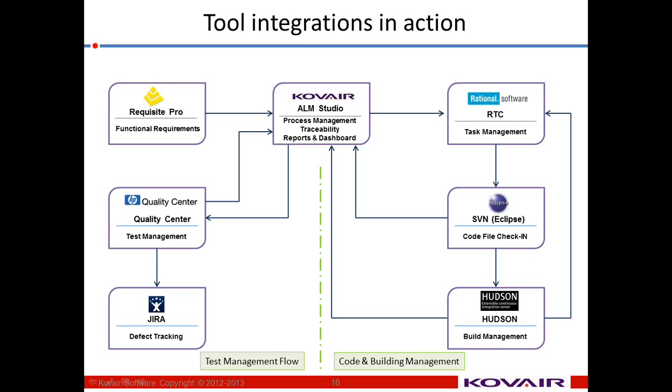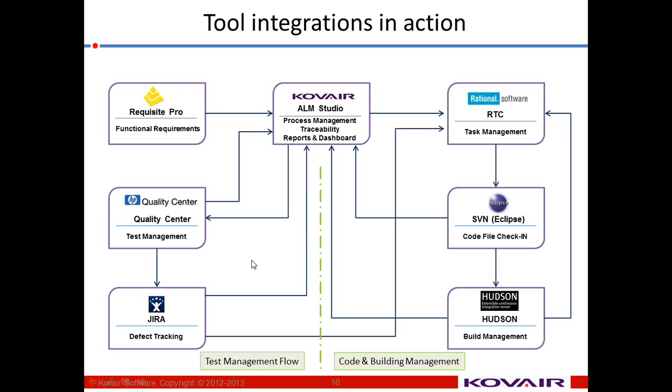And then the test will be executed in Quality Center, and if defects are raised, they will flow to Jira and also to Covea, and these defects will also flow into RTC and get related with that task. And finally, the task will send all its feedback to the Requisite Pro requirement.